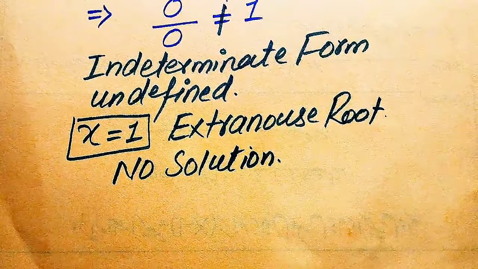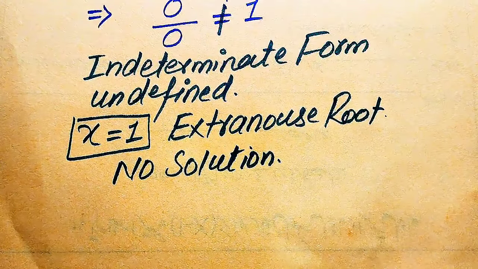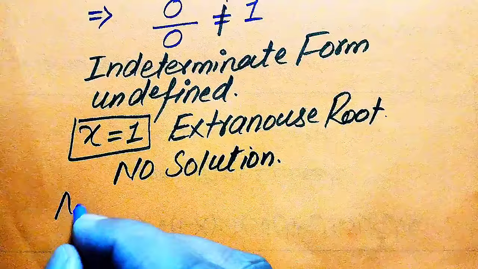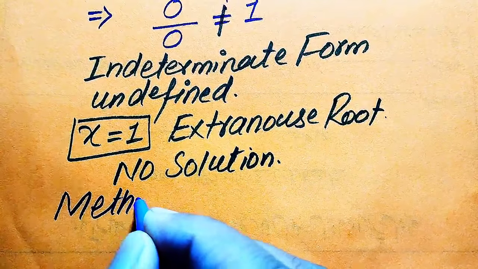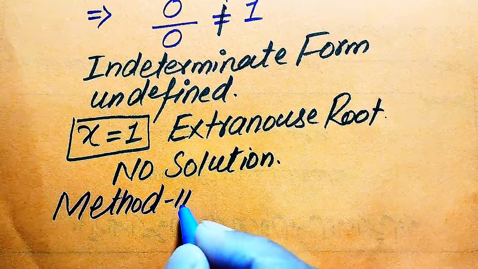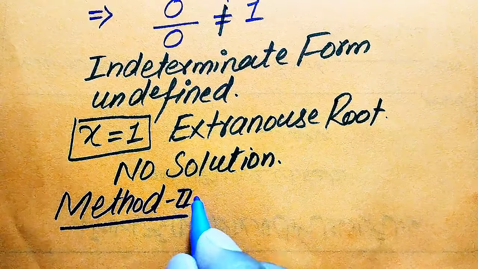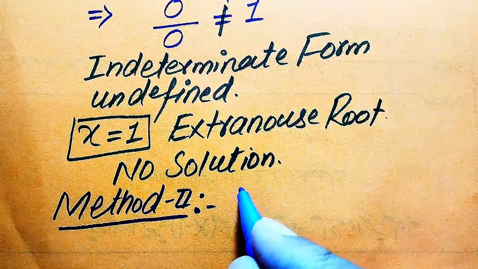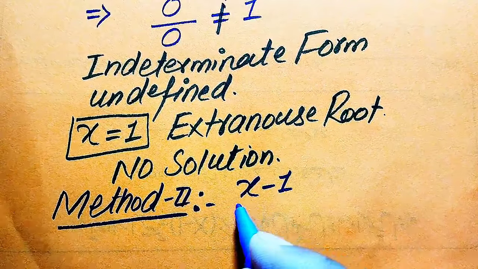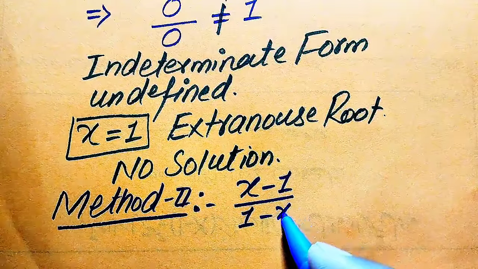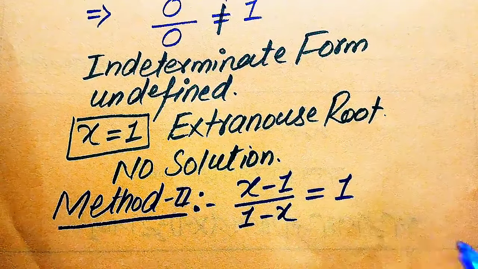And now we move towards our second method, and here we again solve this problem. So in the second method, we need to copy down the given question statement here, and the given question statement is (x minus 1) divided by (1 minus x) is equal to 1.